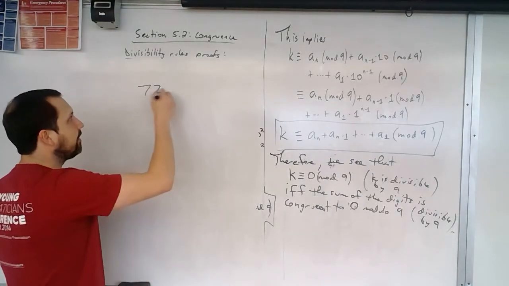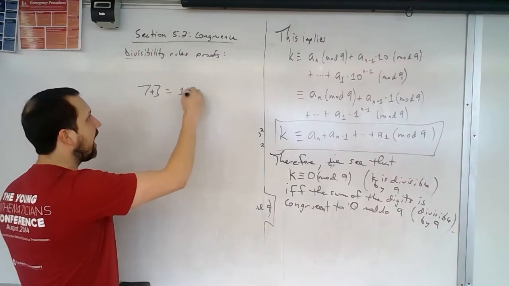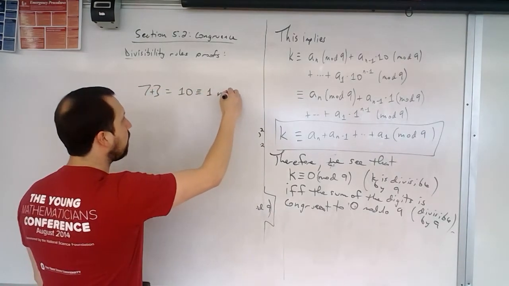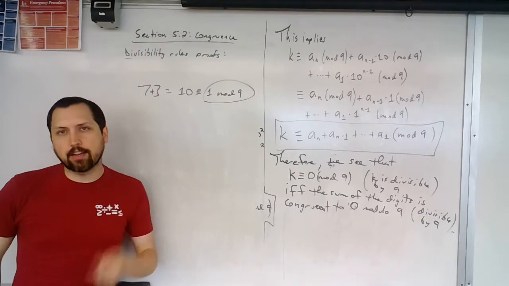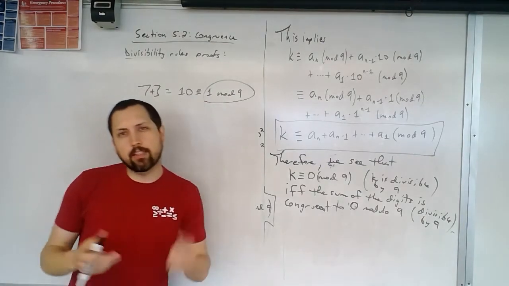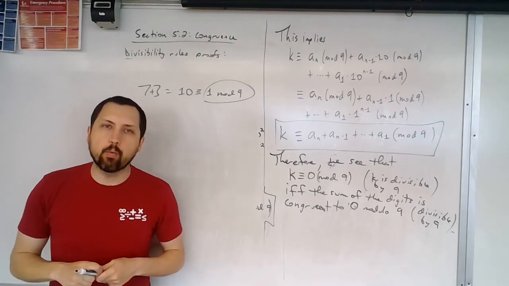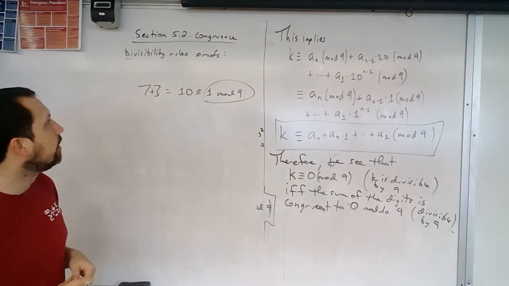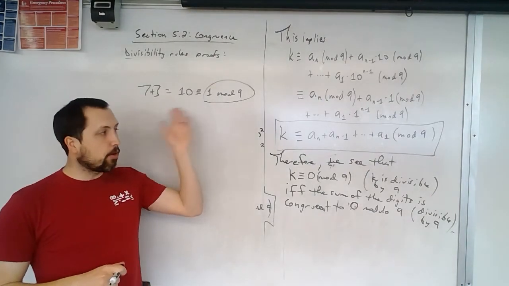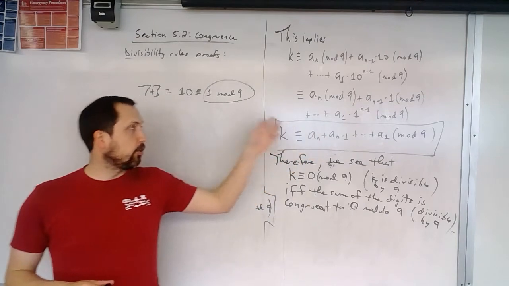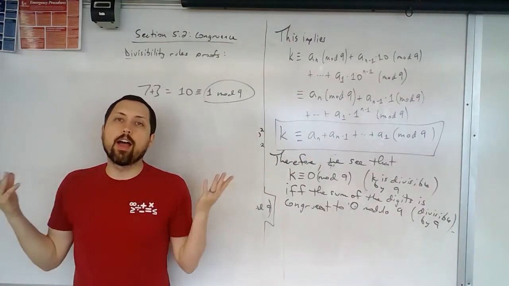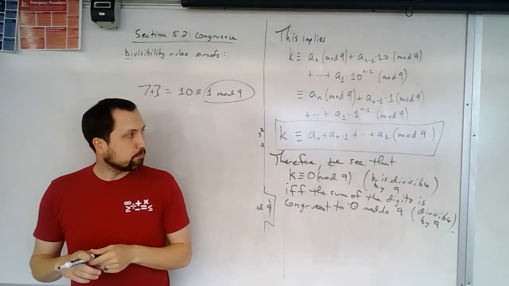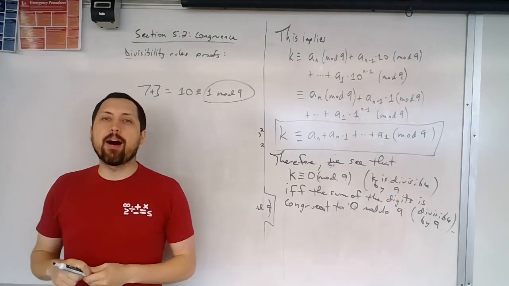Well, you could add these digits together and you get 10, and this is going to be congruent to 1 mod 9. So you know the remainder of 73 when you divide it by 9 is 1 because the sum of the digits is congruent to 1 mod 9. So you not only get this fact about divisibility, you also just get the general thing that holds for all of the remainders. So this is what it looks like mod 9.